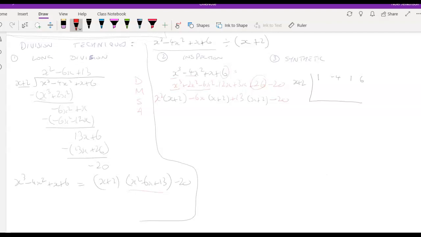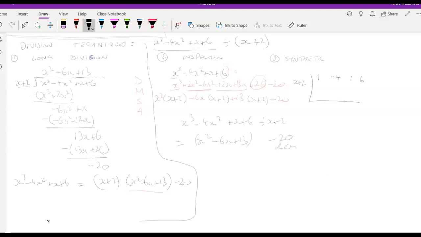The x cubes add up, the x squareds add up, the x's add up. That's plus 13x. The x's add up, the numbers add up. Our answer for x cubed minus 4x squared plus x plus 6 divided by x plus 2 is going to be, you can read it in the red there, x squared take 6x plus 13 minus 20, which is the remainder.